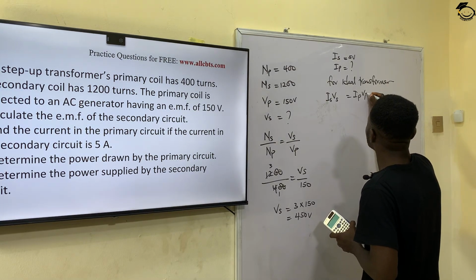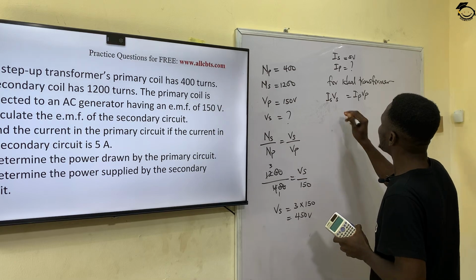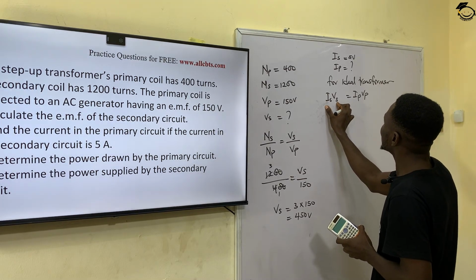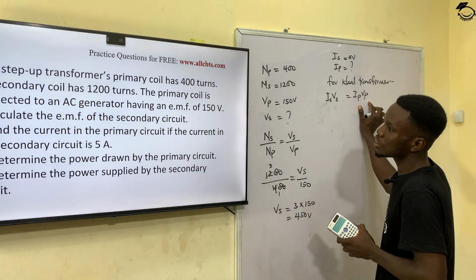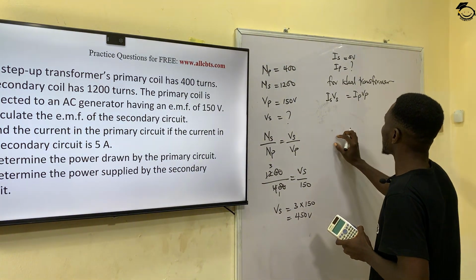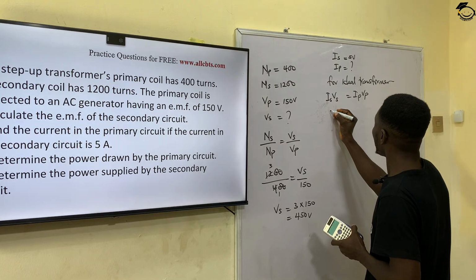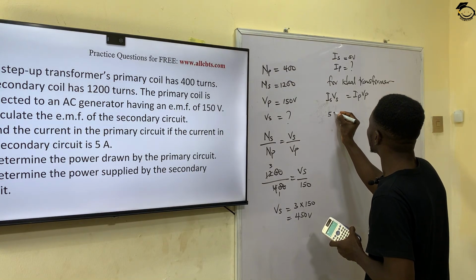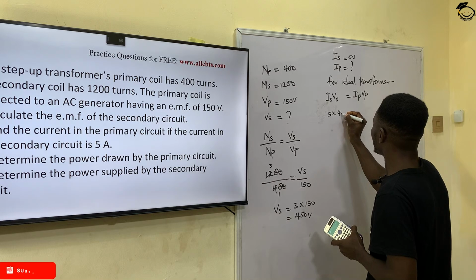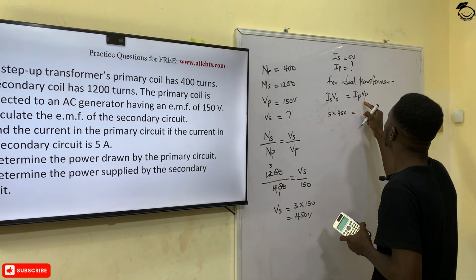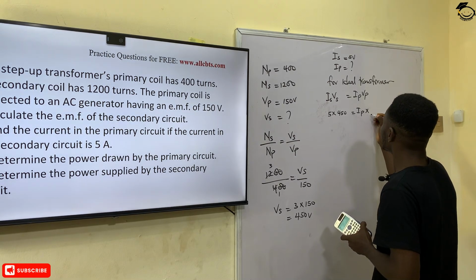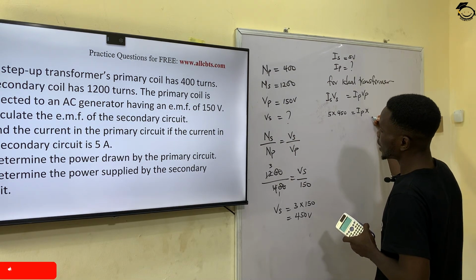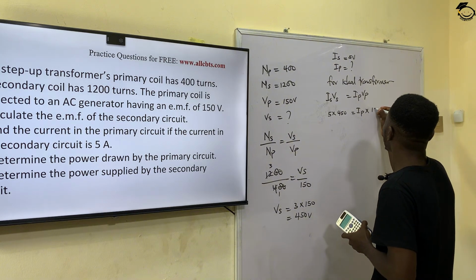This means that the power in the secondary part of this transformer must be equal to the power in the primary part, which means that I have 5 times my Vs, which was 450, is equal to the current in the primary, which is unknown, times the voltage in the primary, 150.